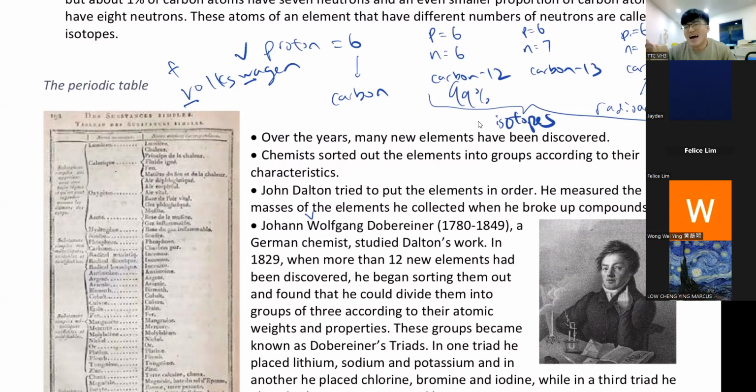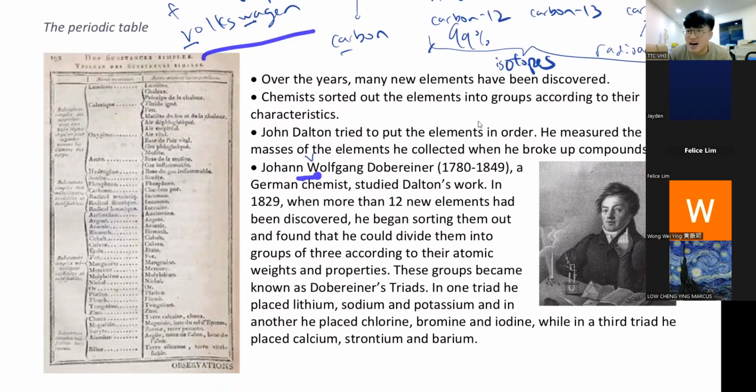It's like how Westerners say Chinese names wrong, like the Yangtze River. It's the Yangtze Jiang. When Westerners say it wrong, you're like, can you please pronounce it correctly? Same thing. So his name was Wolfgang, and it's Dobereiner.